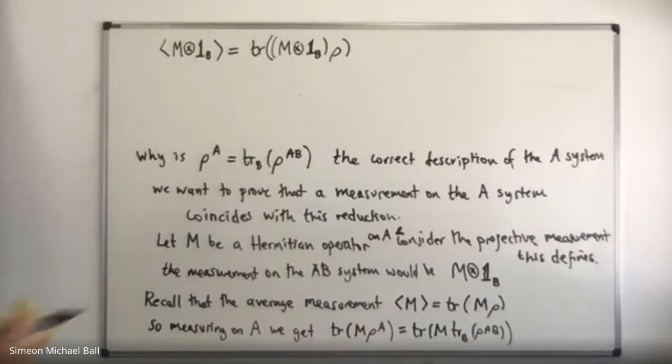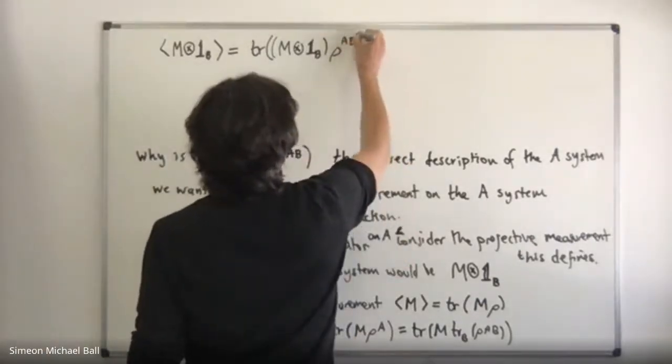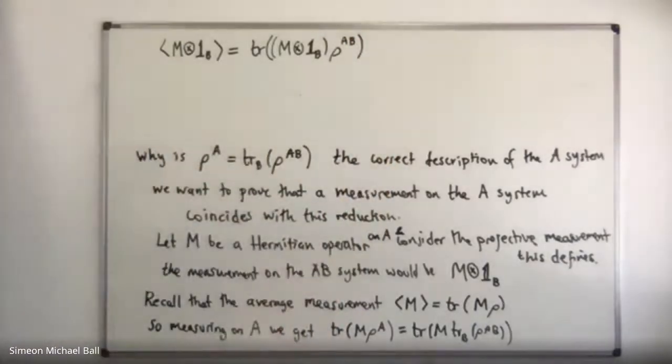Of course, this is rho AB. Now, if we trace over the whole system, we need an orthonormal basis for the whole thing.